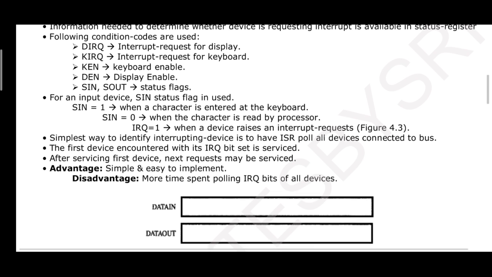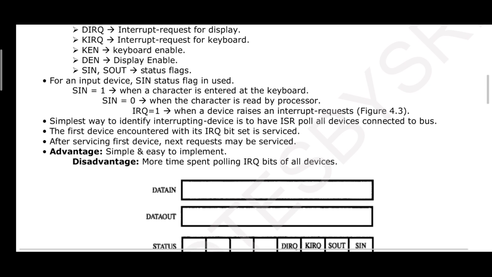So for input device, SIN status flag is used. If SIN is 1, then it indicates the character is entered by the keyboard. Some action to be taken. Just recall what we have discussed earlier. Whenever SIN is set to 1, it indicates the processor. Processor will keep on checking the flag bit, this status register flag bit, SIN bit.